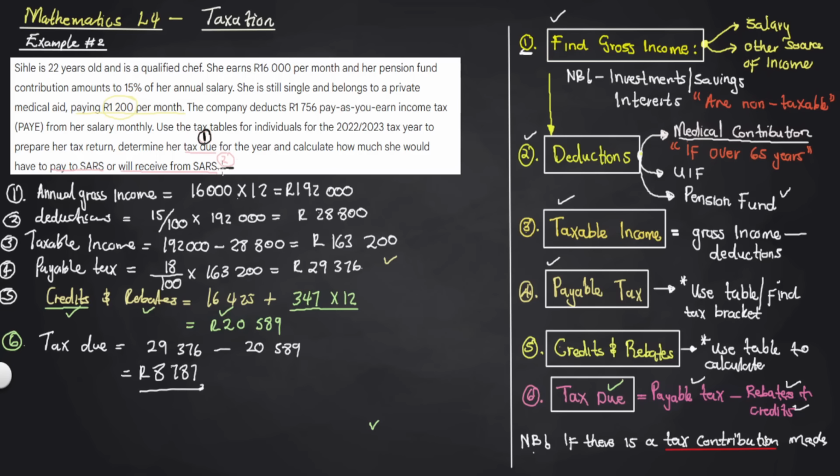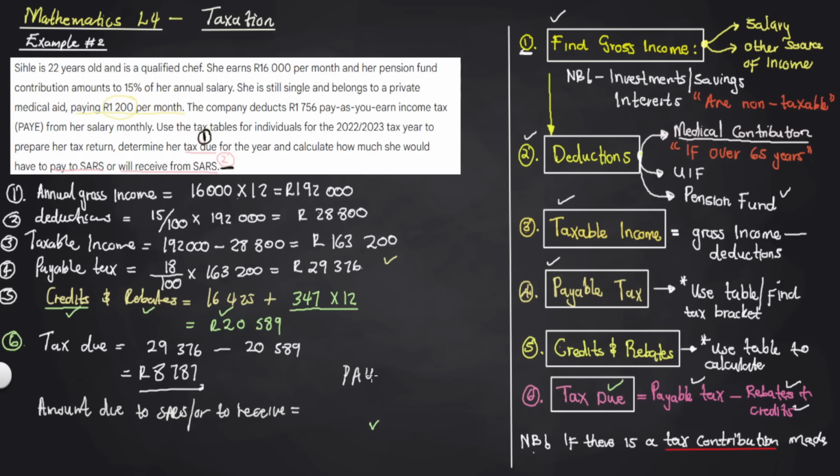Now let's find out how much SARS will pay her, or how much she will receive. So for the last one, the amount due to SARS or to be received is equal to... but first, we need to calculate the PAYE, pay as you earn tax.